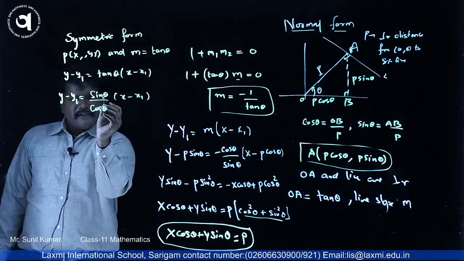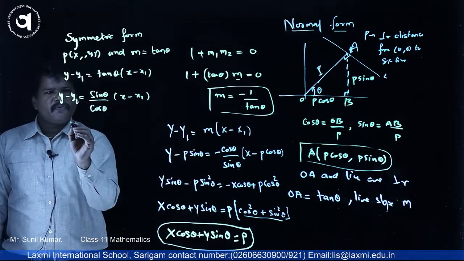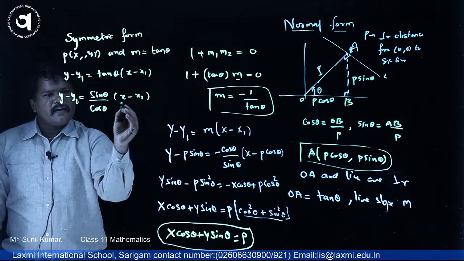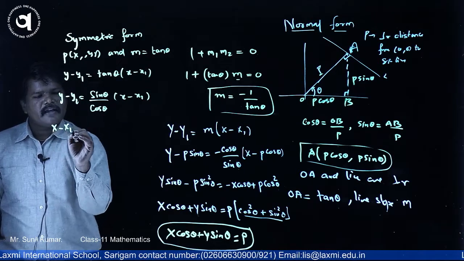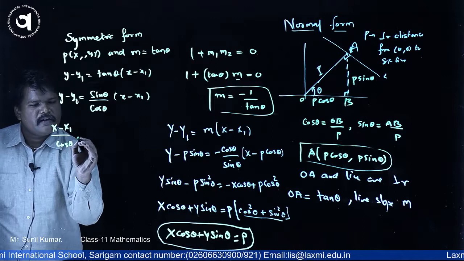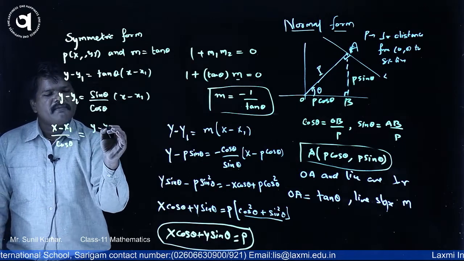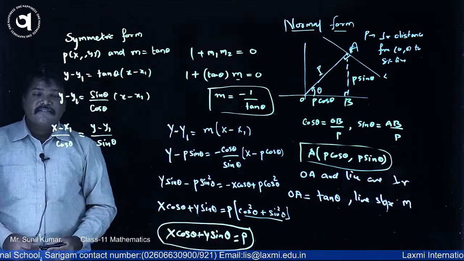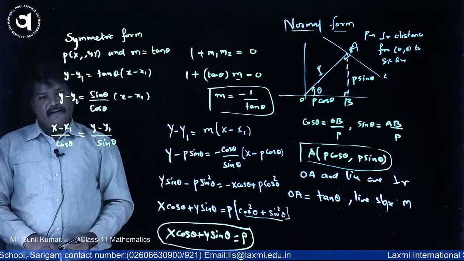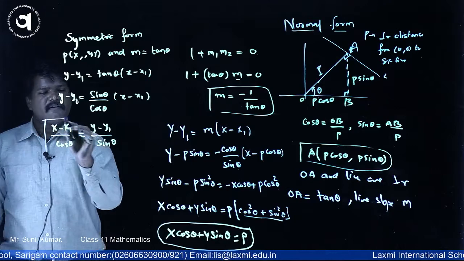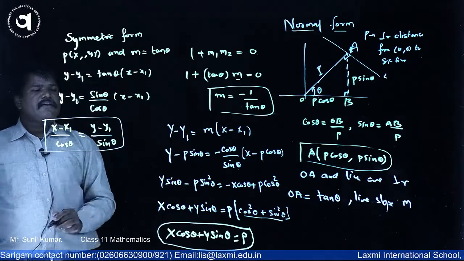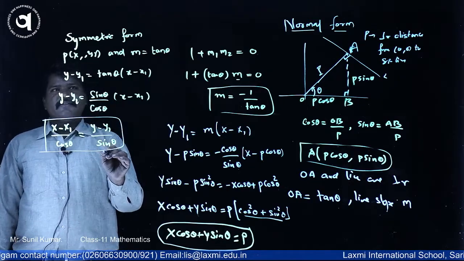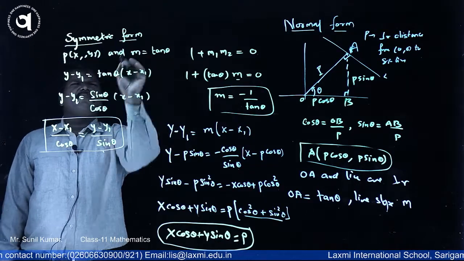Now, let me take the sine theta to the left side. So, we will get here difference of x upon cos theta and difference of y, this is y minus y1, by sine theta. So, this is the symmetric form of a line. Difference of x upon cos theta, difference of y upon sine theta is called the symmetric form of a line.